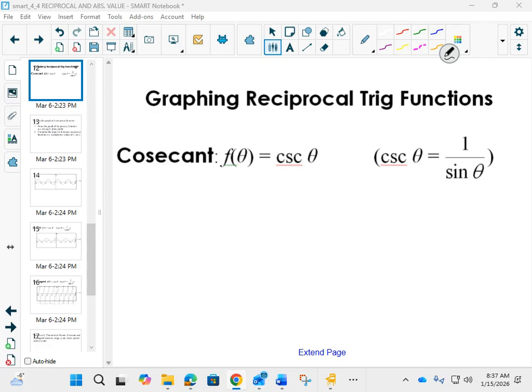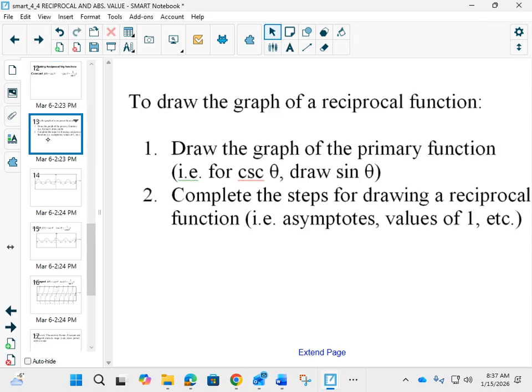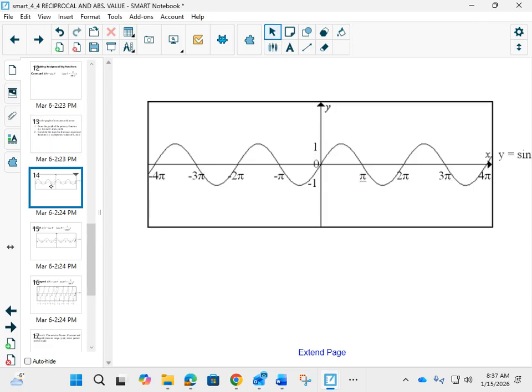Well, there are some interesting situations like x-intercepts. On my sine graph, I have a bunch of x-intercepts. And if the y value is 0, you would get 1 over 0, a non-permissible value. And just like in our rational functions unit, whenever you have a non-permissible value, you either have a hole or a vertical asymptote.